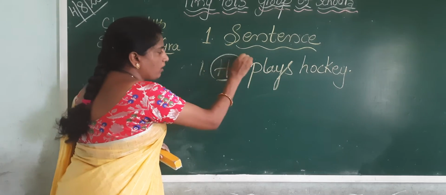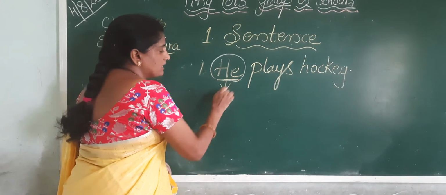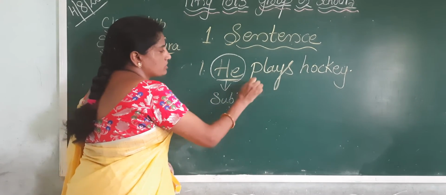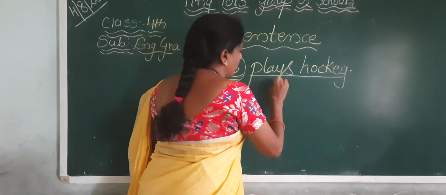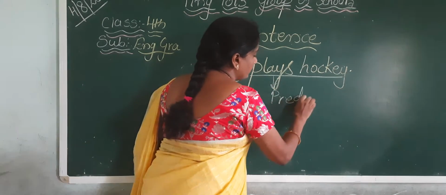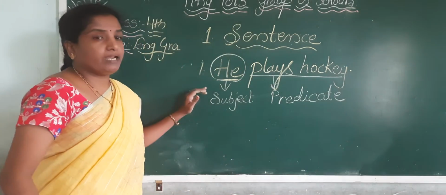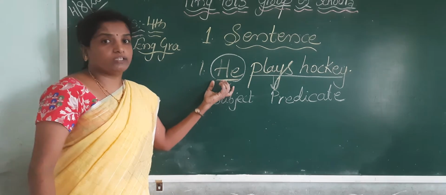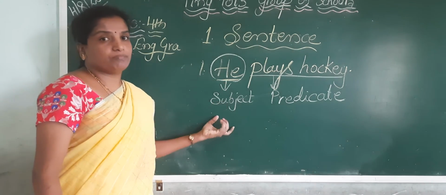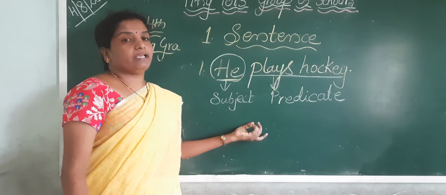So the doer of the action in a sentence is known as the subject, and the remaining part is known as the predicate.